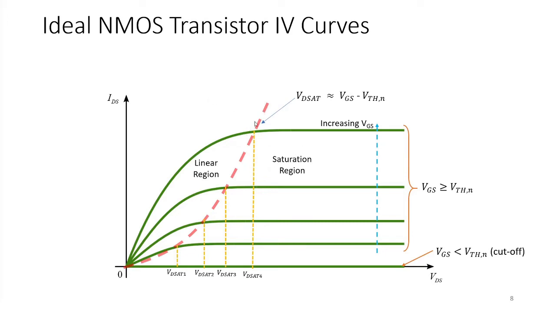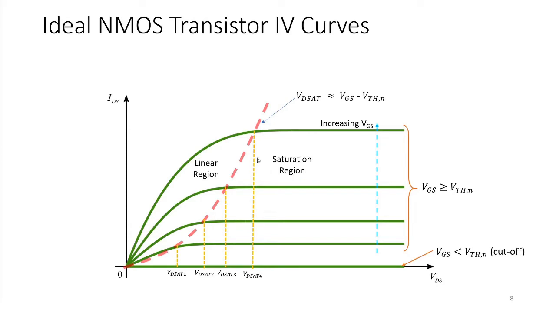From this boundary, we can see that the linear region is on the left side, because VDS is less than VDSAT, which is here. In the linear region, IDS is approximately linearly dependent on VDS. As VDS increases, IDS also increases.